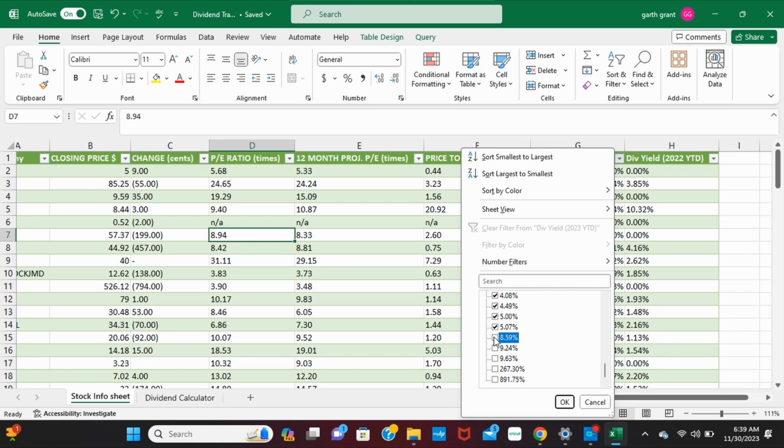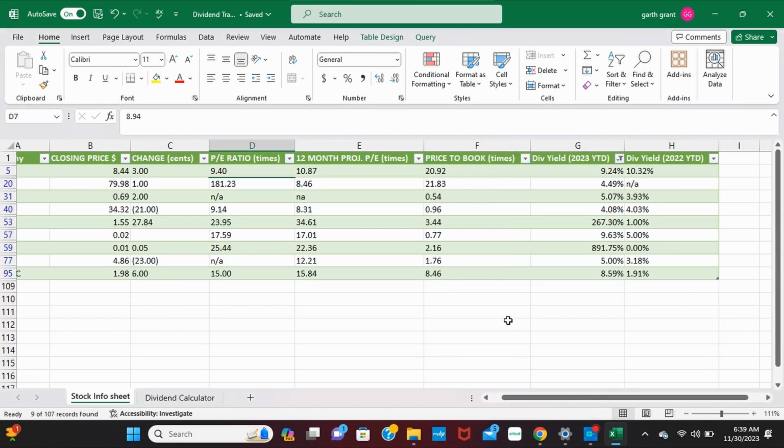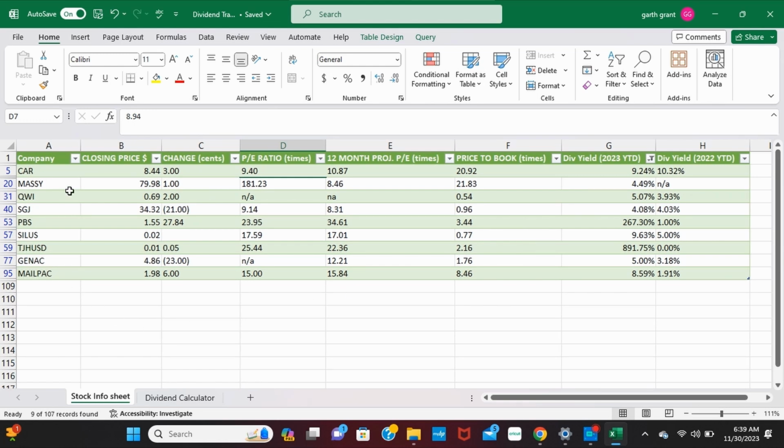If I say I don't want any stock with less than 4% dividend yield, it will highlight the stocks that pay 4% or more. Although for trans, this is 2023, so it's not required as yet because you won't actually input information. Give it some time and then it will come up. But you can have a proper gauge as to which stock is a decent dividend-paying stock, and so on and so forth.